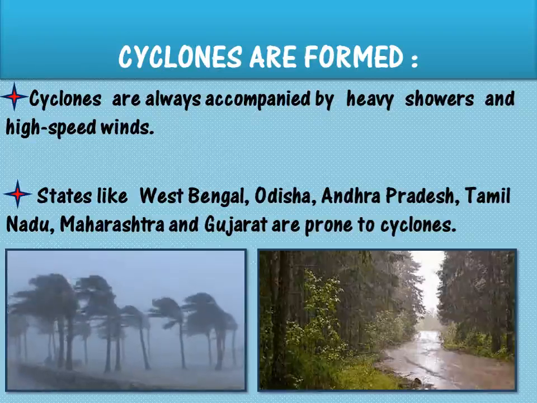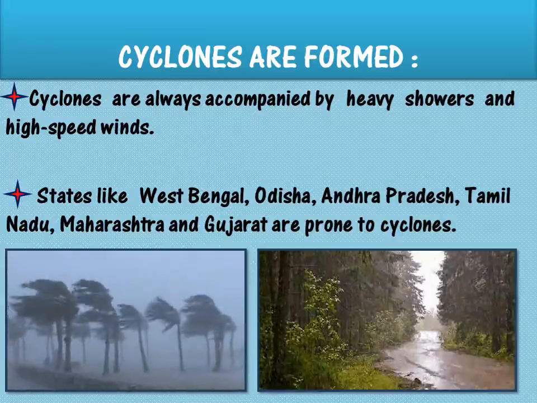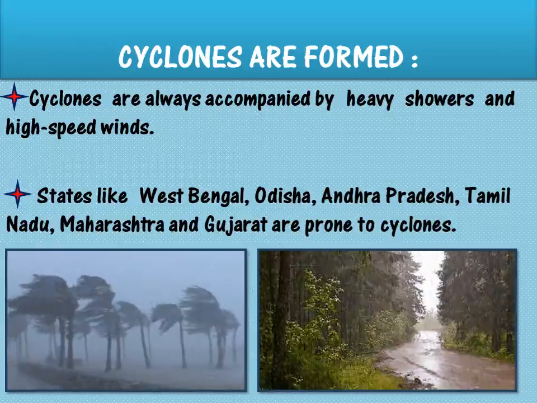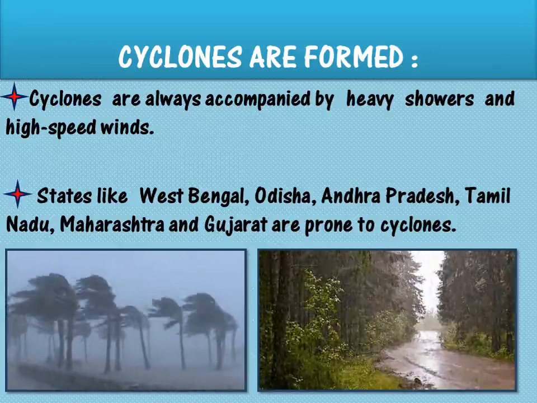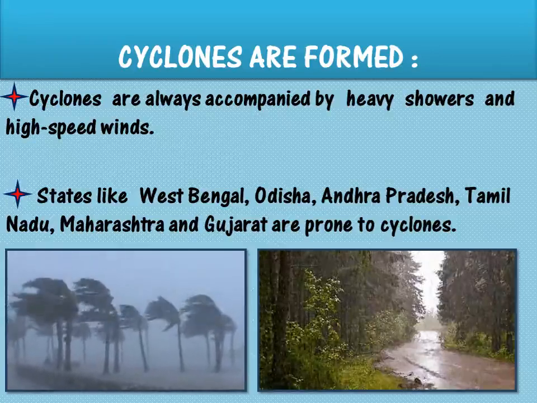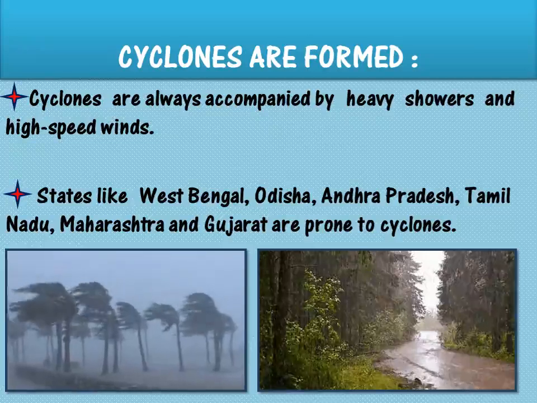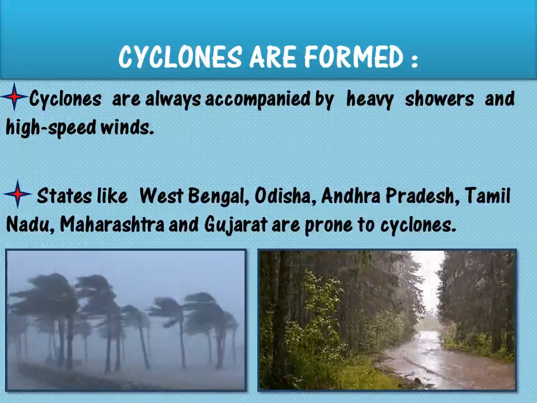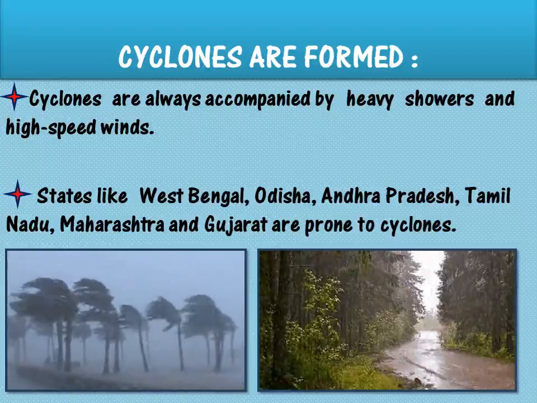In our country, states like West Bengal, Odisha, Andhra Pradesh, Tamil Nadu, Maharashtra, and Gujarat are prone to cyclones. As these states are what, children? These are all coastal regions, attached to which coast, children? Yes, the Arabian Sea, Bay of Bengal, Indian Ocean.